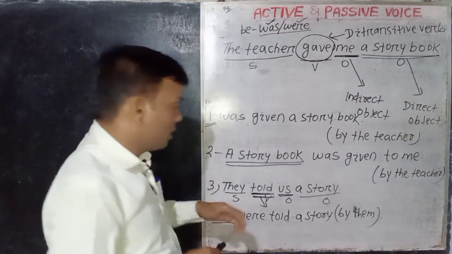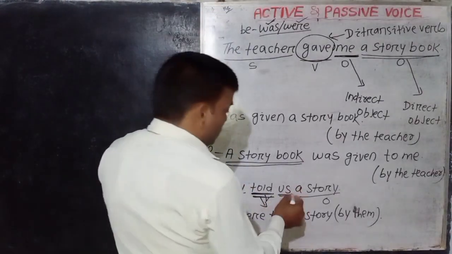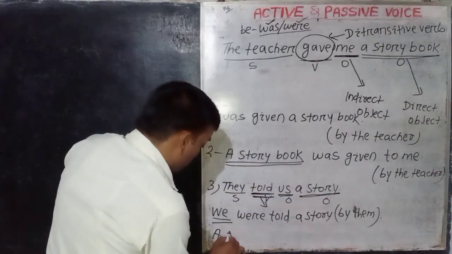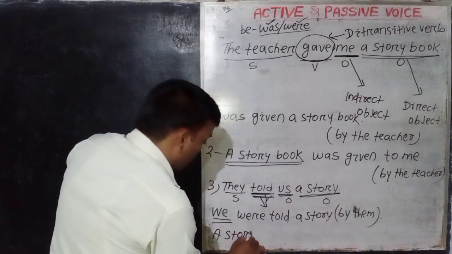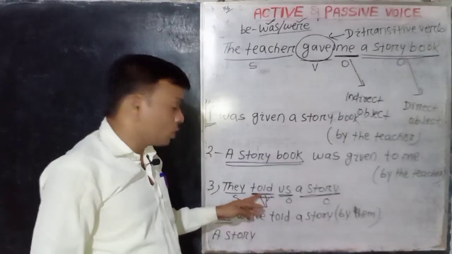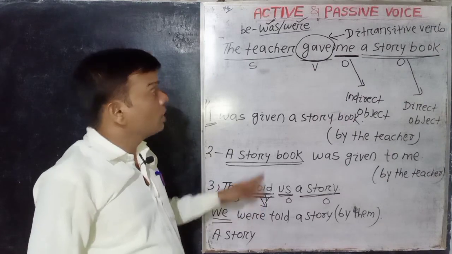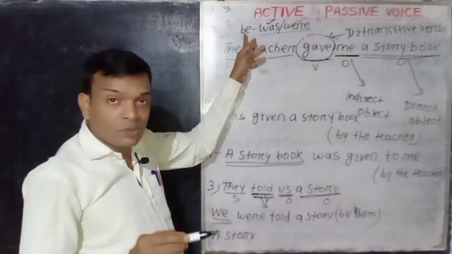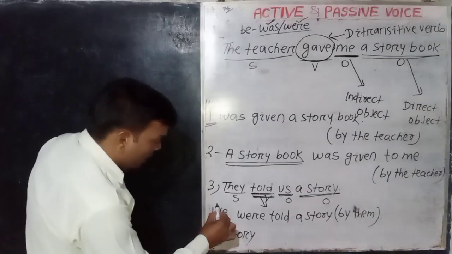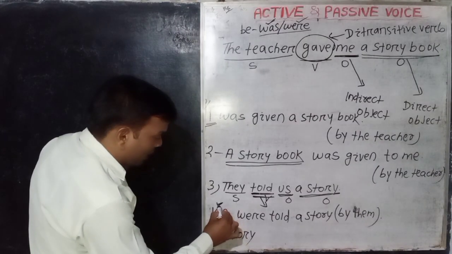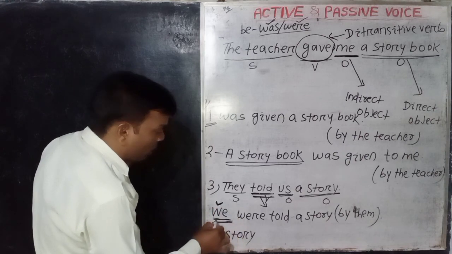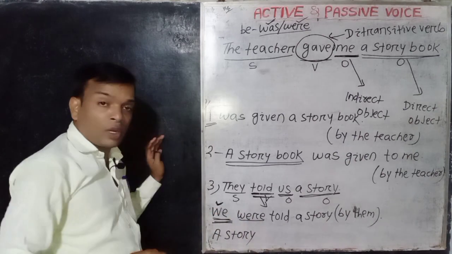And see the another passive sentence, a story is the direct object. Write it in the beginning of the sentence, that is a story. And see again the same thing, told is in your past tense form. So use the correct past tense form of the verb be, that is was or were. See one important thing here, we, the indirect object we, is in the subject position, and as it is in plural form, I have already used the plural verb form were.